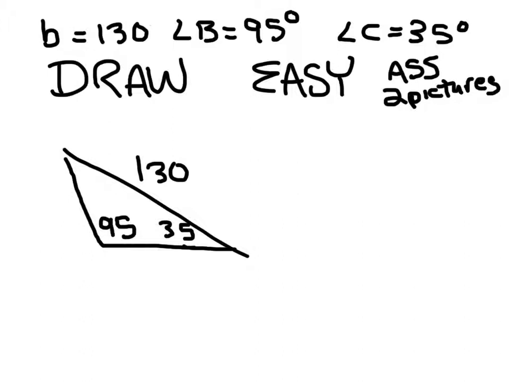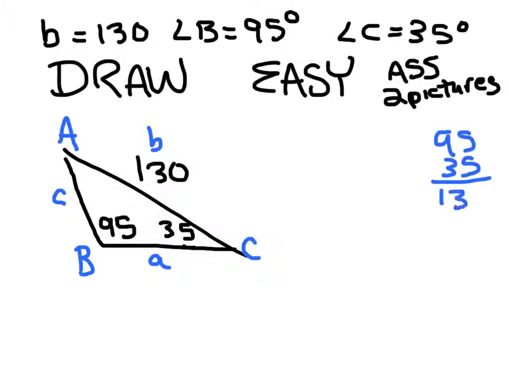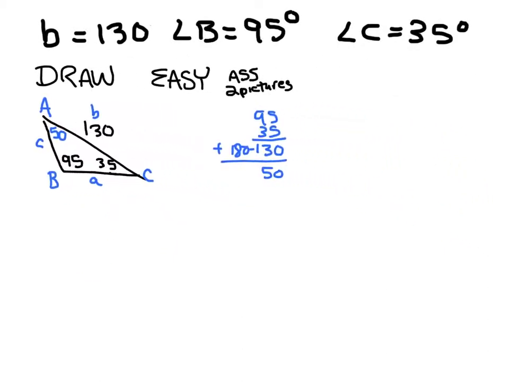So if this is angle B and this is side B, and this is angle C, I'm going to also need side C, angle A, and side A. And so I will first take 95 plus 35, that's 130, subtract that from 180, and I get 50. So right now I have this angle, and now I'm going to solve this problem using law of sines.